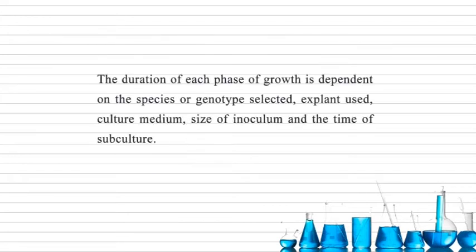The duration of each phase of growth is dependent on the species or genotype selected, explant used, culture medium, size of inoculum and the time of subculture.